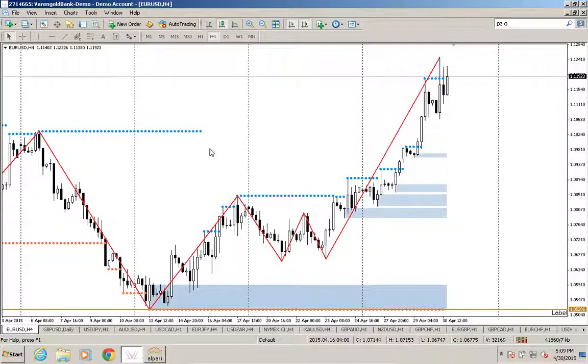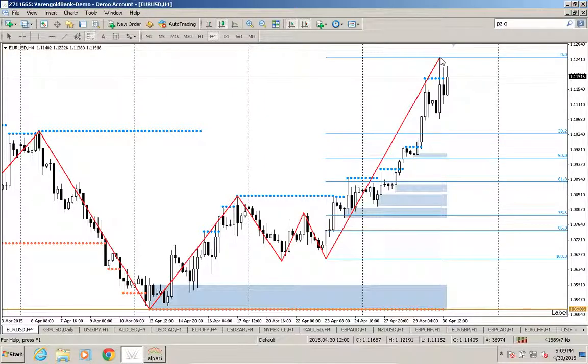If I look at the 4 hours, and we look at the very last move that happened from the 23rd of April until today on a 4-hour chart, Euro US dollar, and we draw Fibonacci from the low to the high, we're expecting a C at or around the 61 for a buy.